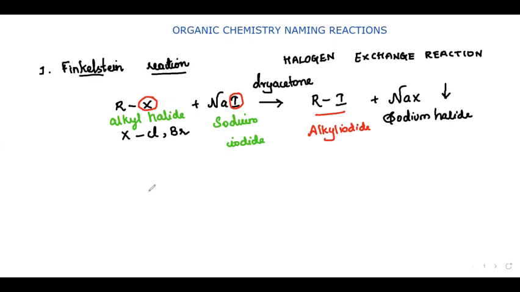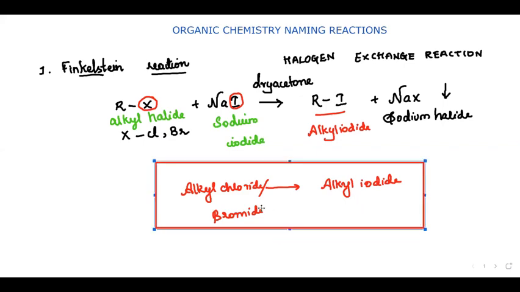If you want to prepare alkyl iodide, it's very easy to prepare chloride or bromide from alcohols and using Markovnikov addition, etc. But iodide or fluoride preparation is not easy. So we prepare alkyl iodide from alkyl chloride or bromide. This reaction is called the Finkelstein reaction. So the Finkelstein reaction converts alkyl chloride or bromide into iodide.